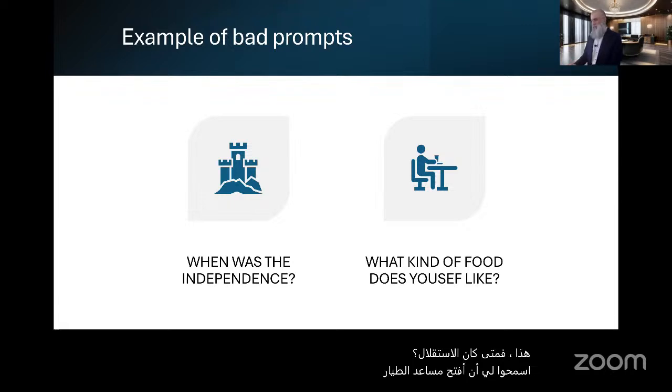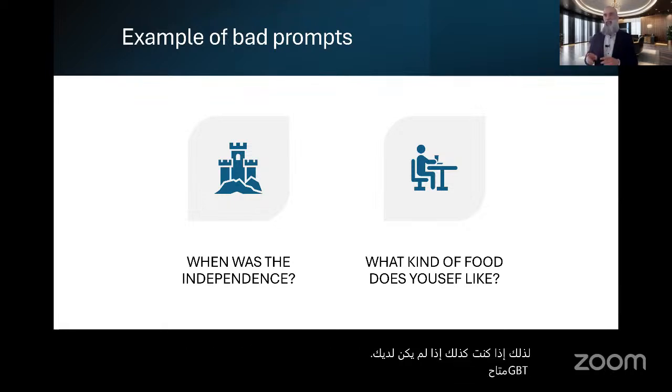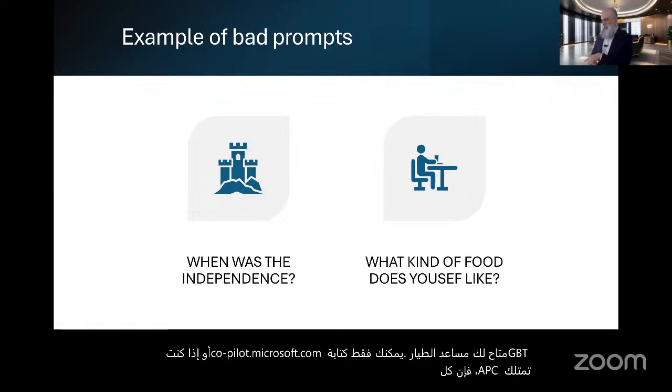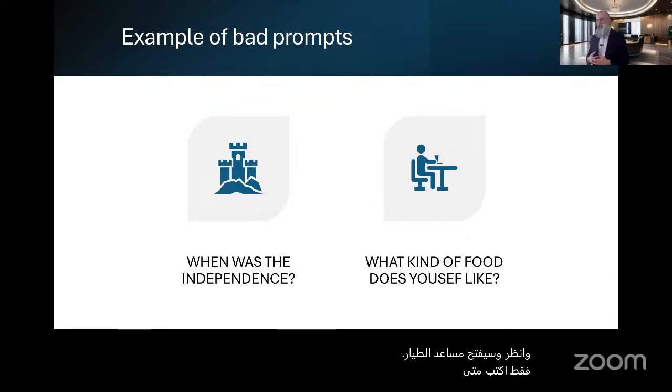If you don't have GPT available to you, you can just go to copilot.microsoft.com, or if you're on a PC, every PC has it at the bottom, or maybe click on the Windows button, and Copilot will open. Just write down, when was the independence? Just write it and give me your feedback of what the answer was.